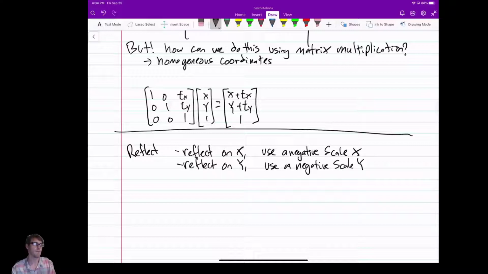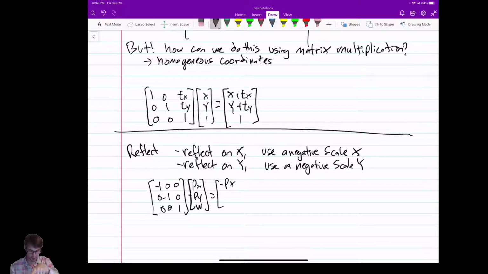So if you know your scale matrix, you can realize that I can do -1 for x, -1 for y, 0, 0, 1, like that. Like I said, I'm going to kind of rush through these. So negative px, 0, 0, y becomes 0, negative py, 0, and then the last one is just w, or 1, just like that. This is not a rigid body because you're inverting it.